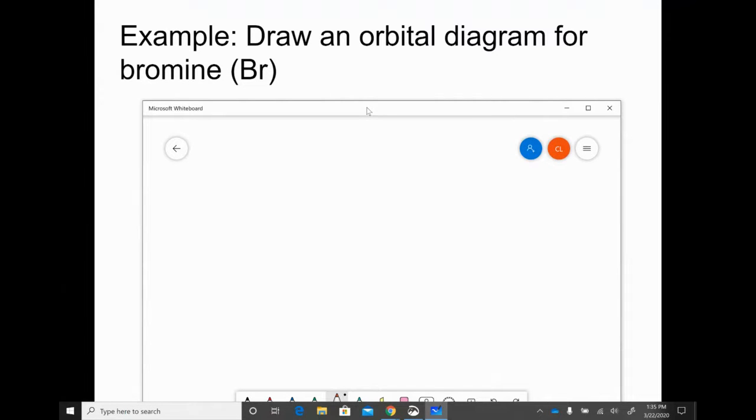So, all right, we're going to draw an orbital diagram for bromine. Make sure you have the periodic table in front of you. For bromine, you always start with the 1s. And then you have the 2s.